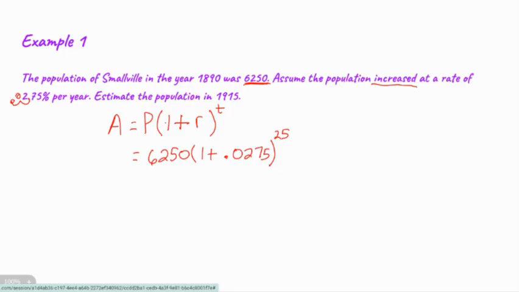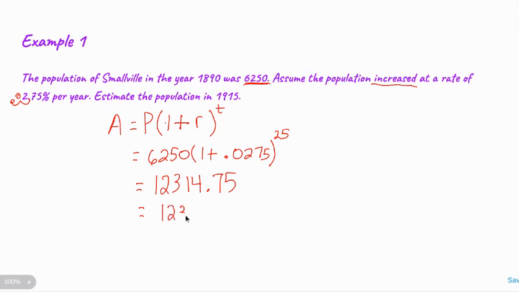Make sure you do the work by hand, like I am doing now. No, I'm obviously just kidding. So we get 12,314.75. But we're talking about people here, so we're going to round to the nearest integer, 12,315. And I should be saying approximately, not equal to.